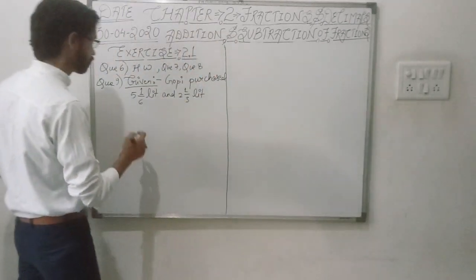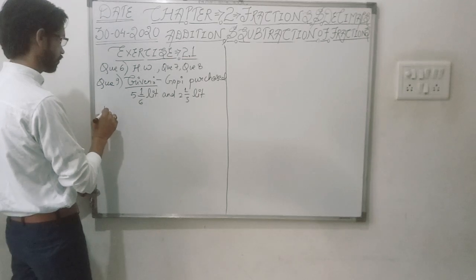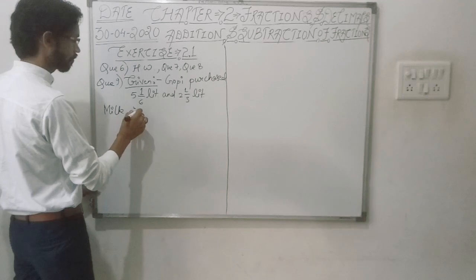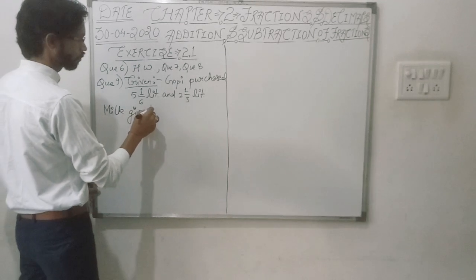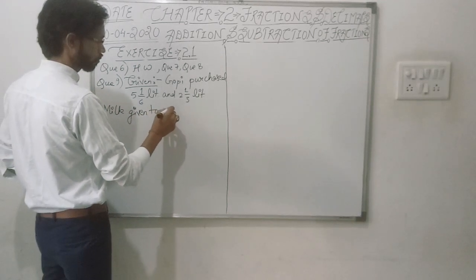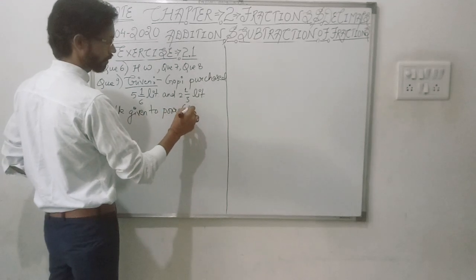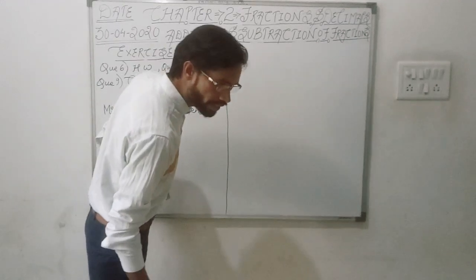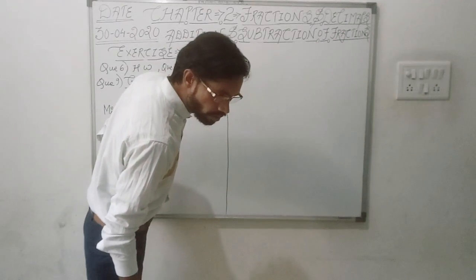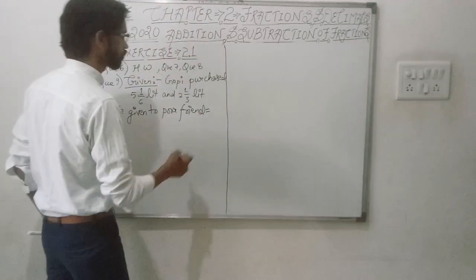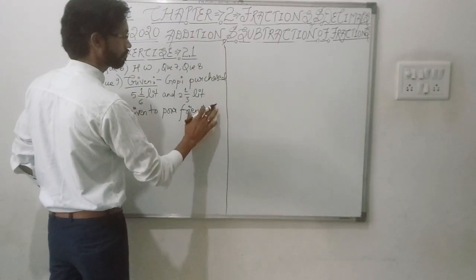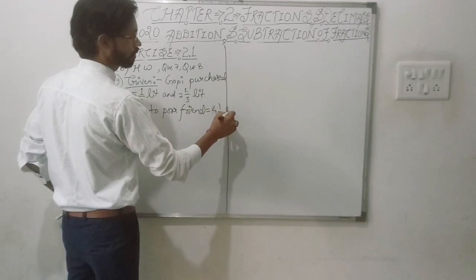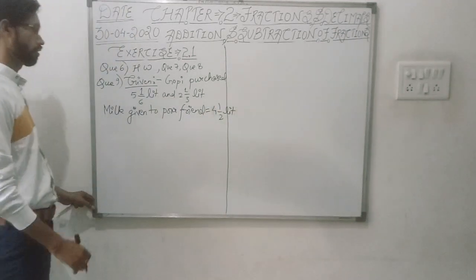Okay, then what we will write down? We will write down milk given to poor friend. Okay, how much milk he gave? He gave 4 right 1/2 liters of milk.